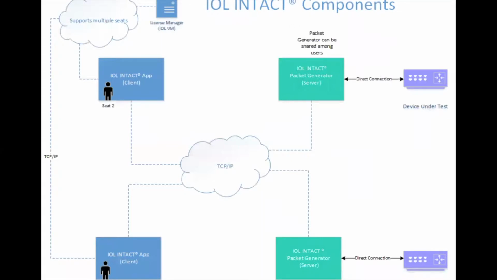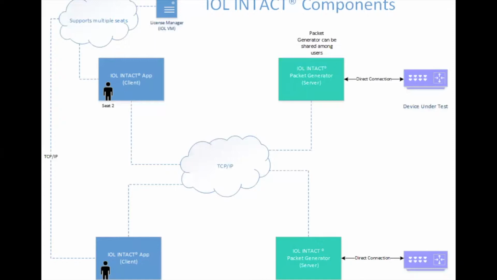Here's a picture showing the different components as an architectural diagram. It's important to note this is not how you would necessarily need to connect the different hardware components. Rather, this is just an abstract of the different components. So you'll see the IOL INTACT application is noted in a couple of places here, towards the upper left quadrant and the lower left-hand quadrant.